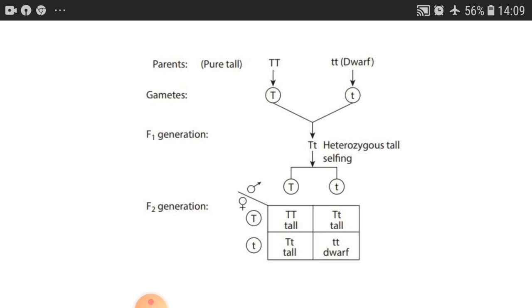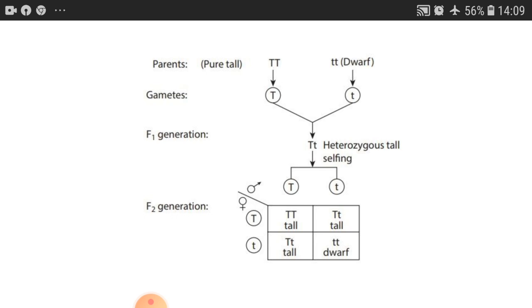This means that 1/2 will lead to the formation of hybrids, hybrid tall like the F1 generation, and in only 1 column you see small t and small t, which is reappearing in this generation. That is 1/4 will form small t and small t.